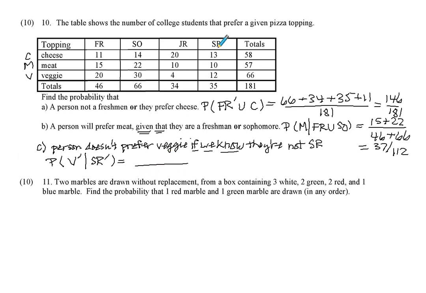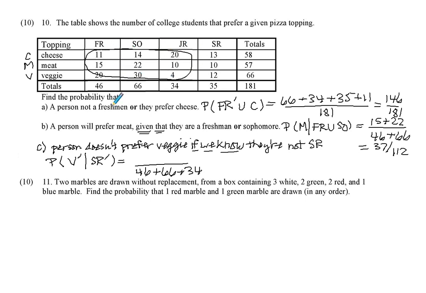If they're not a senior, they're not in this column, then they're either junior, sophomore, or freshman. So 46 plus 66 plus 34, which is all of these numbers here.